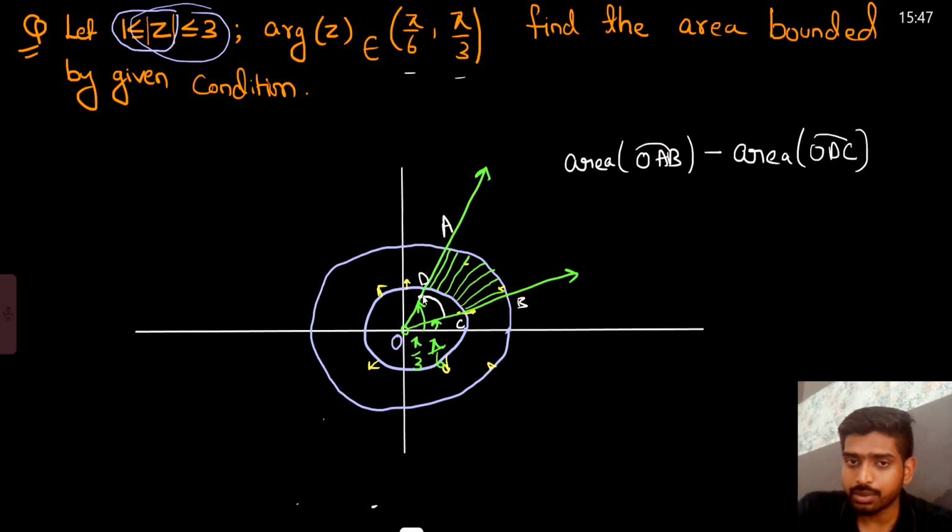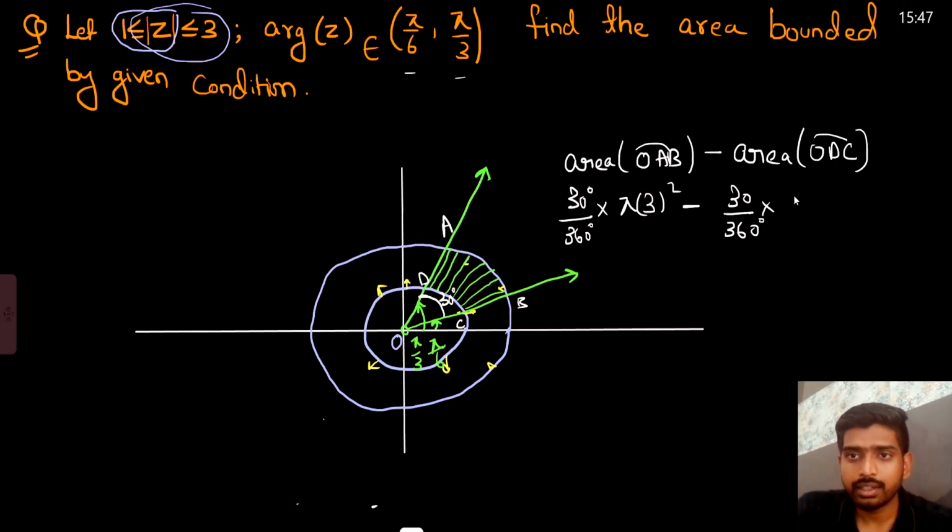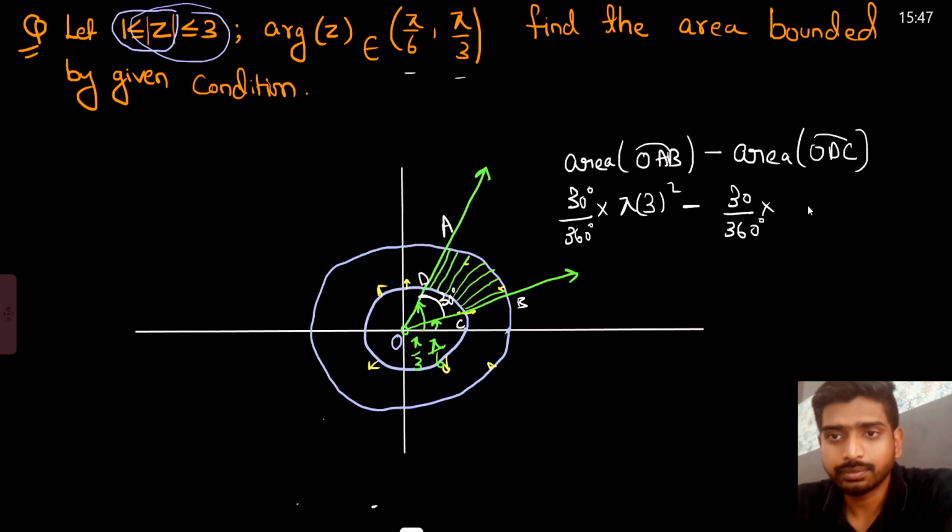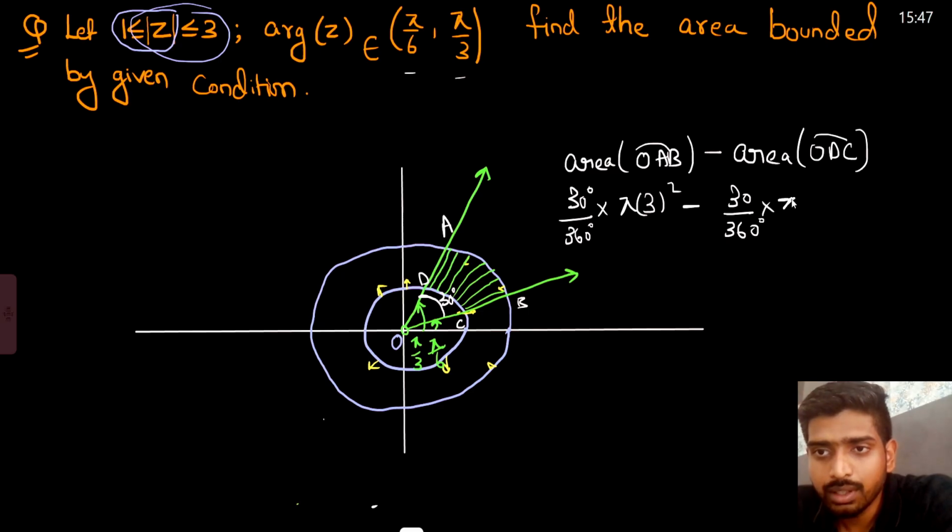The angle between these two rays is 30 degrees. So 30 degrees upon 360 degrees multiplied by pi r square, where r is 3, so 3 square, minus 30 by 360 multiplied by pi r square, where r here is 1 square.